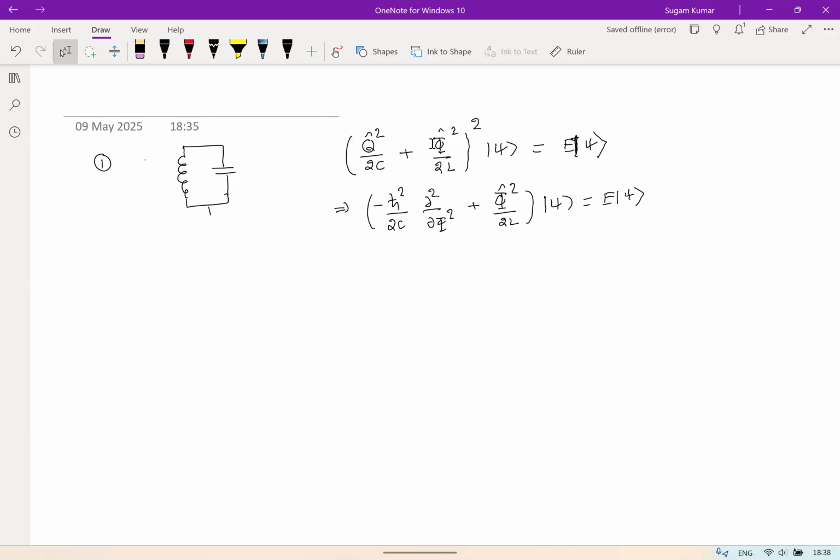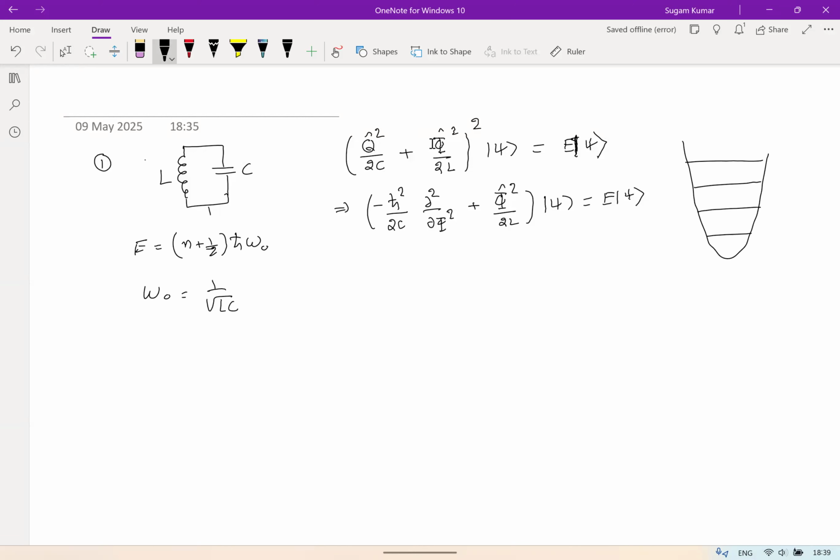If we calculate the energy in this case, the energy simply comes out to be (n plus half) h cut omega, where omega naught is 1 by root LC. And in this case, all these energy levels are equally spaced. I also tried to write it down in some other form.